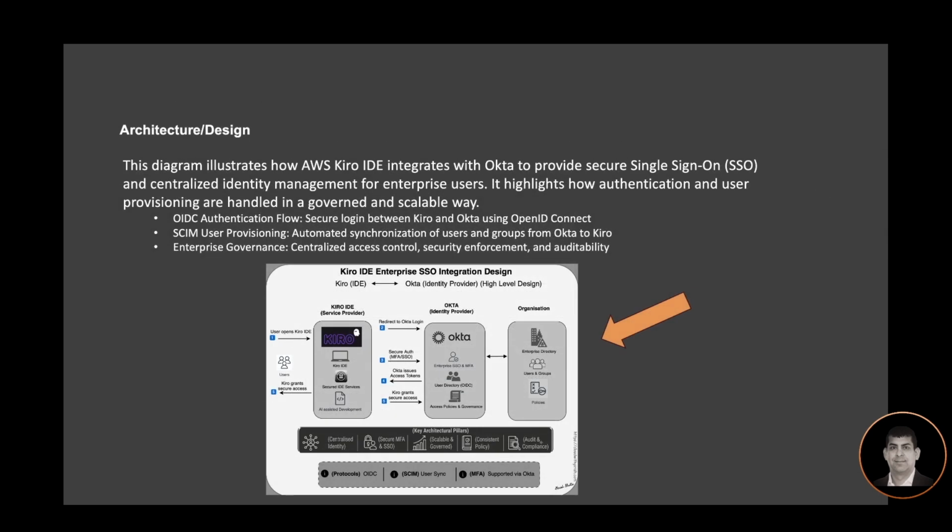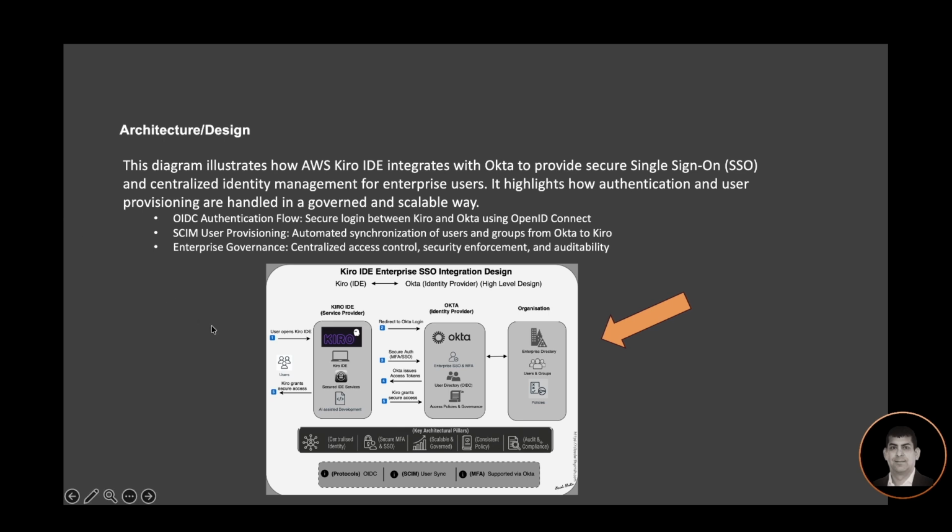Let's look at a very high-level architecture design. This diagram illustrates how AWS Kiro IDE integrates with Okta to provide secure single sign-on and centralized identity management for enterprise users. It highlights how authentication and user provisioning are handled in a governed and scalable way.